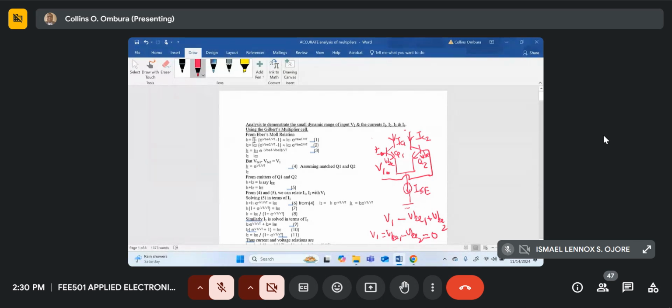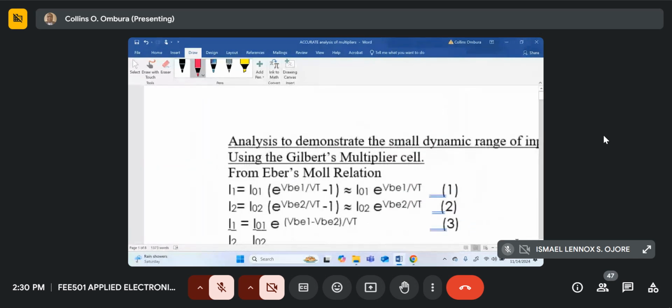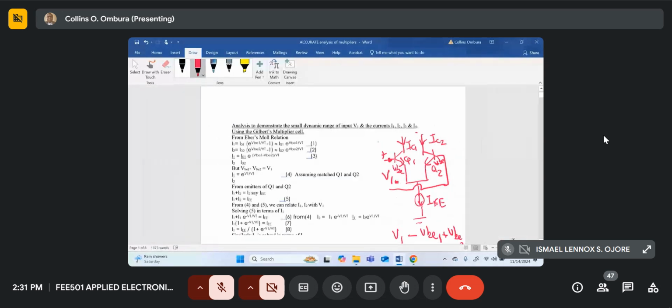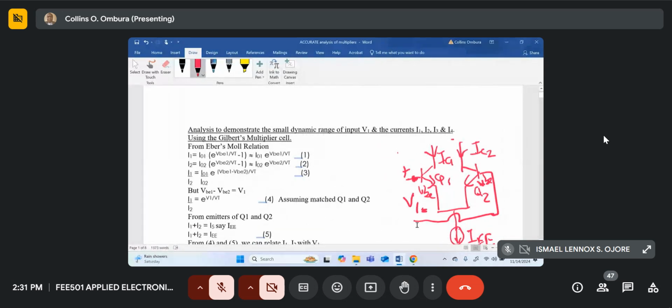So we can get this first equation over here. Let me just magnify it a bit for you. You'll get I1 can be written as I01 e to the VBE1 over VT minus 1, which is approximately I01 e to the V1 by VT, and similarly I2 is that.